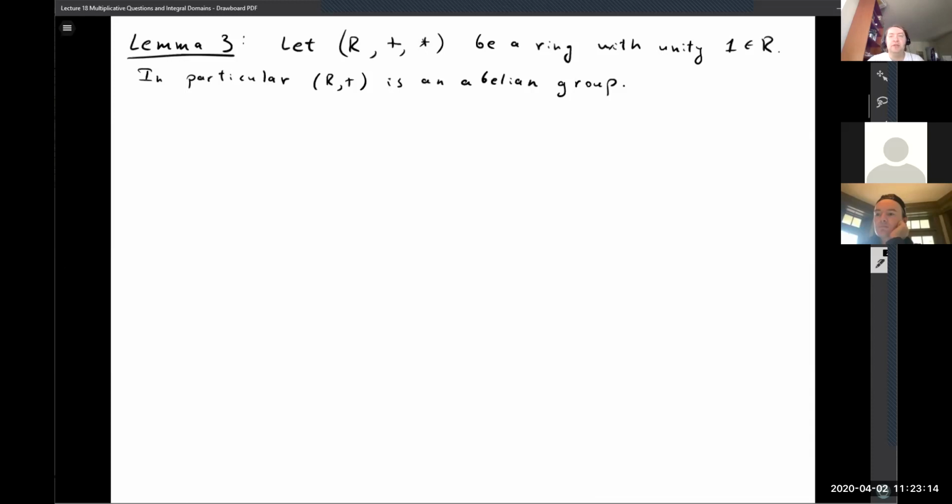So inside this abelian group, we can consider a subgroup H generated by the unity of the ring.